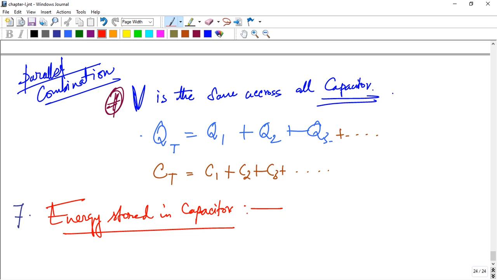So work done in charging a capacitor is stored as electrostatic potential energy. Okay, so what is work done related to here?